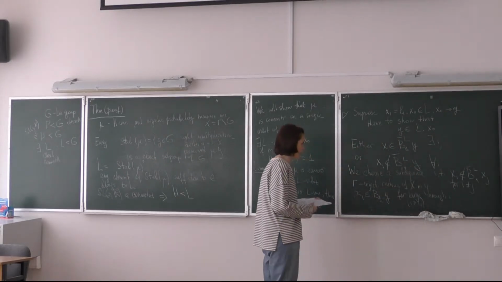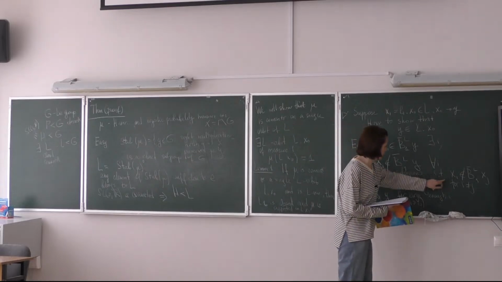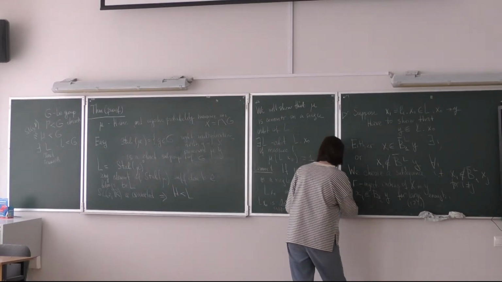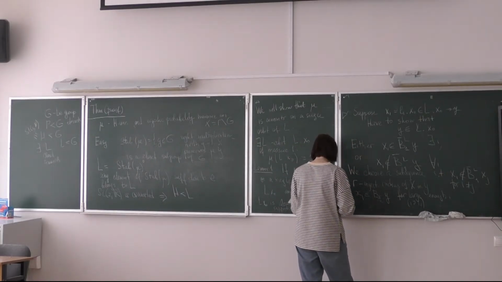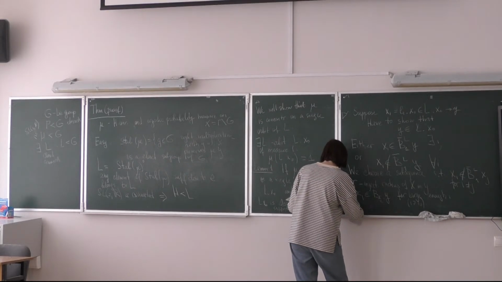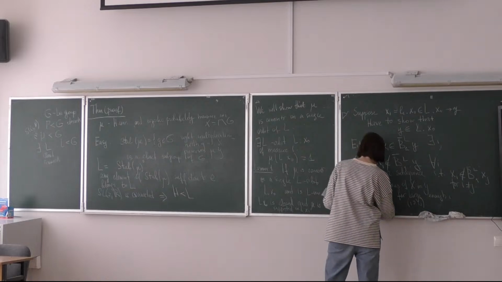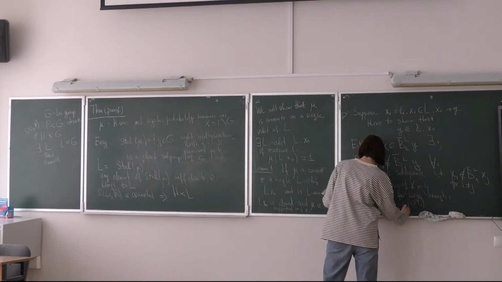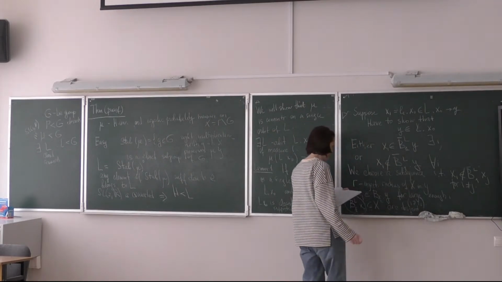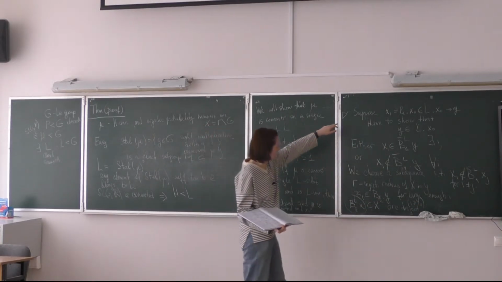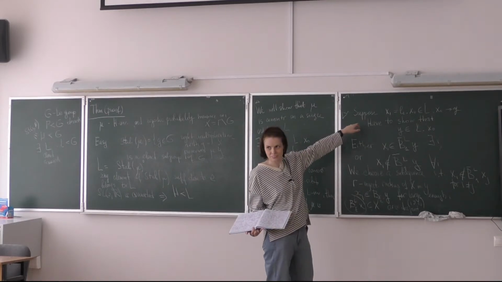But then, we put this condition, and at the same time we have this condition. So it means that these sets B_r^L x_i, as sets of x, they should be disjoint, starting from some moment.